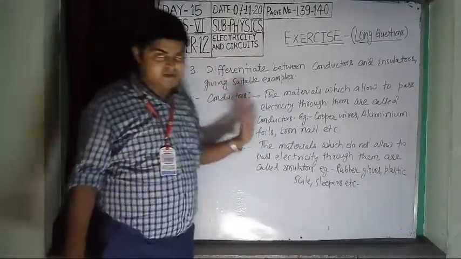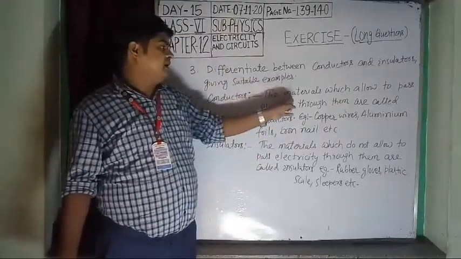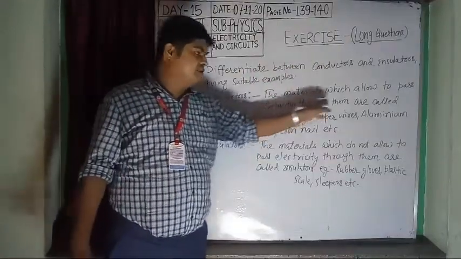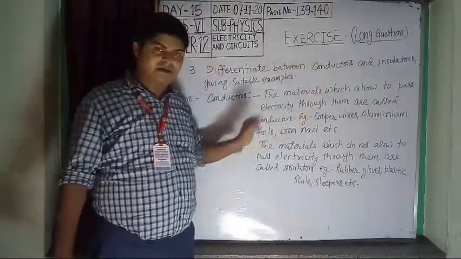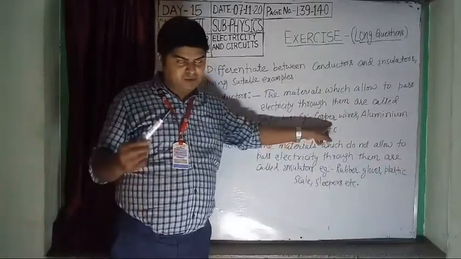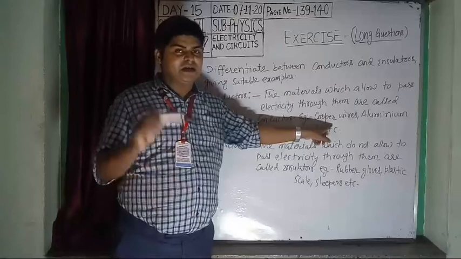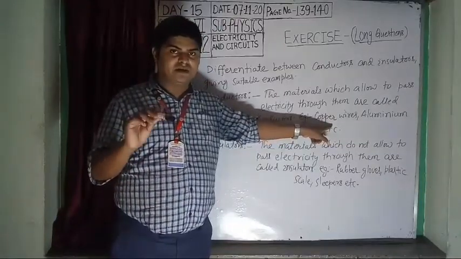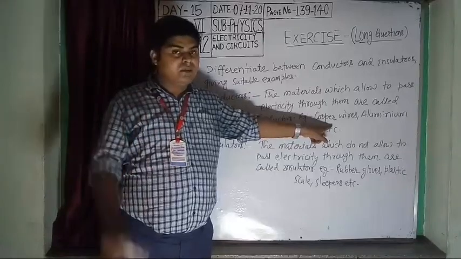So listen once again: the materials which allow electricity to pass through them are called conductors. Example, copper wires. I have told you that all metallic bodies are good conductors except graphite. Graphite is also a good conductor, but it is not a metal.